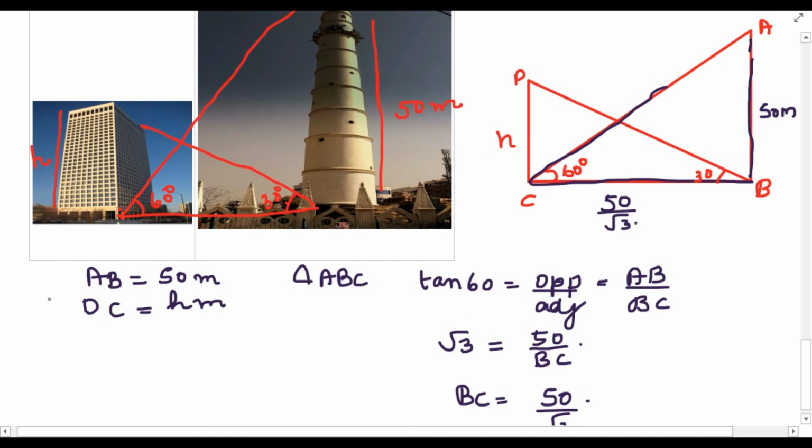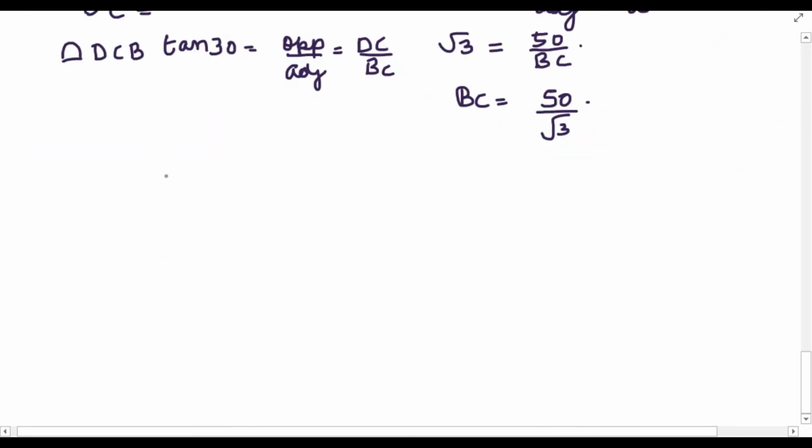Now we will take the triangle DCB. If you take this triangle DCB, from this tan 30 is again opposite side by adjacent side. Opposite side is DC, adjacent side is BC. We will substitute the values. So tan 30 is 1 by √3.